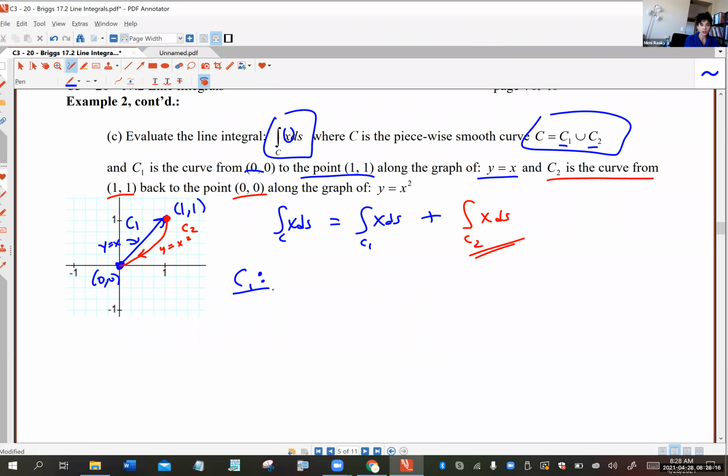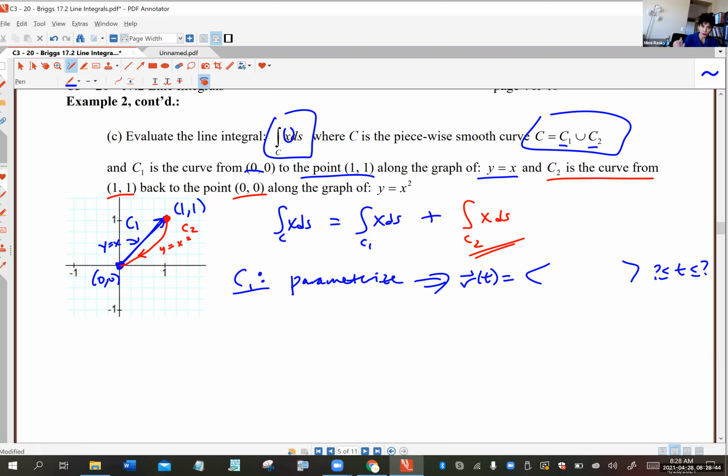We've got a lot of work to do because we need to parameterize the curve. So what does parameterize mean? It means give me an r of t that represents the curve, and then tell me what the range is for time t on that curve, so the starting and stopping times that will correlate with the starting and stopping points of the curve. In this case, the curve is a straight line, so this one isn't too bad.